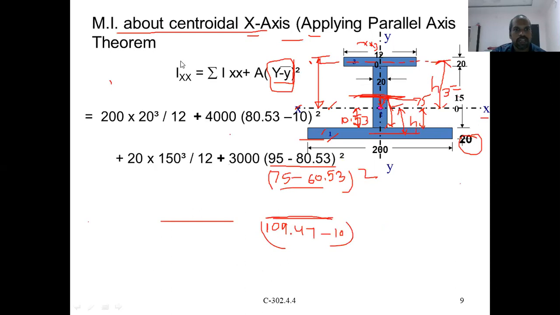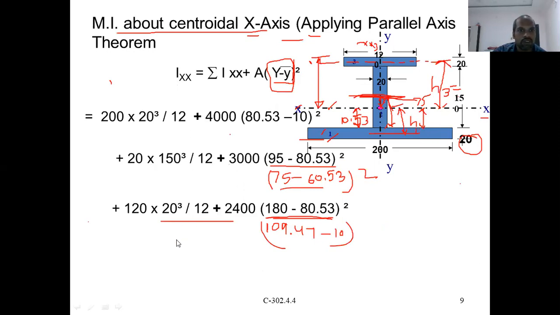Now, to calculate the moment of inertia about xx, use the parallel axis theorem. Calculate h1, h2, h3, which are the distances from the centroid of each section to the centroid of the entire section, for figure 1, figure 2, figure 3 respectively.